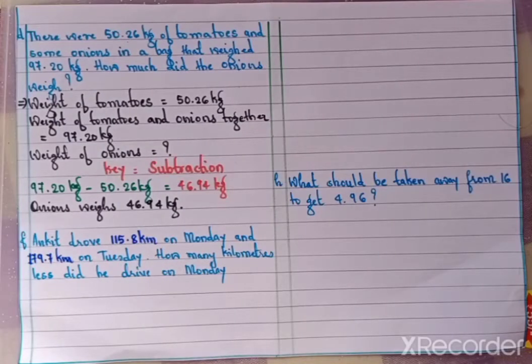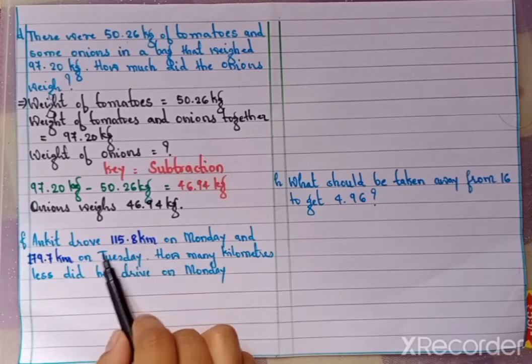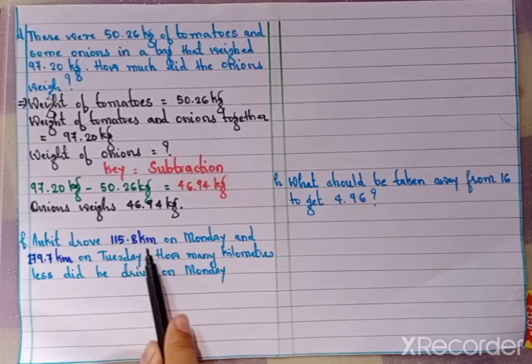Now let's see question F. Ankit drove 115.8 km on Monday and 179.7 km on Tuesday. How many kilometers less did he drive on Monday? So if you compare the distance, you can see on Monday he has traveled less, and by how much, that we are going to find.